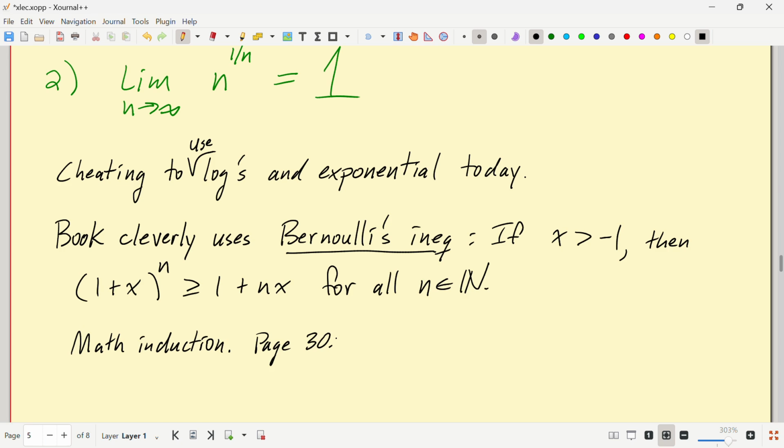And it's not hard. You ought to look at it as an example of a great math induction. Okay, so the book uses this Bernoulli's inequality to demonstrate these things. And of course, it's a little bit technical. So it uses Bernoulli's inequality to prove the above facts.